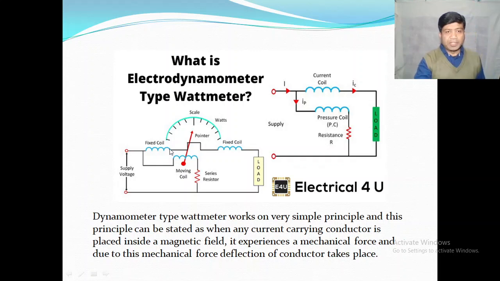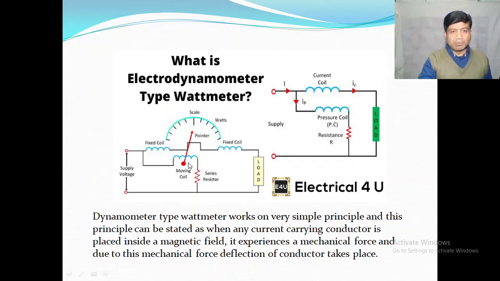We divide the fixed coil into two equal parts, left side and right side. After dividing the fixed coil into two parts, we suspend the moving coil in between these two parts, and a pointer is attached to the moving coil.